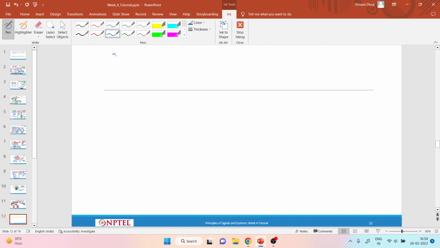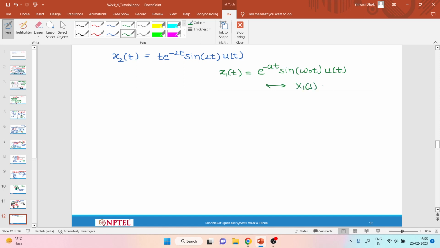What we have from the first part is, if I have the signal x1 of t equal to e power minus at sine of omega naught t u of t, then this has a Laplace transform x1 of s equal to omega naught upon s plus a square plus omega naught square, and my region of convergence is real part of s greater than minus a. So this is what we had found in the previous part.